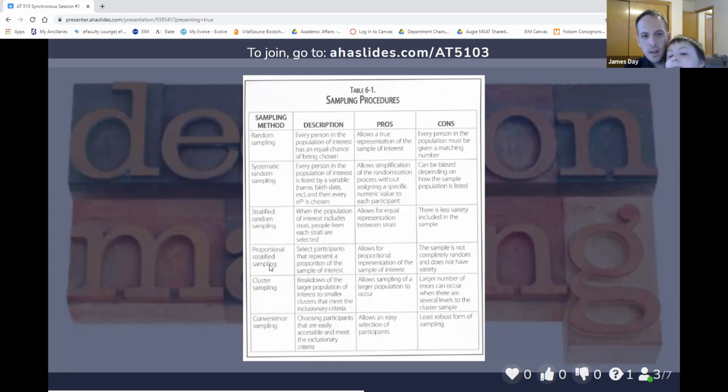Either I'm going to use some sort of external device, that's systematic random sampling. You see this in hospital type studies where they use hospital identifying numbers or whatever. But then it's either stratified or proportional stratified sampling.